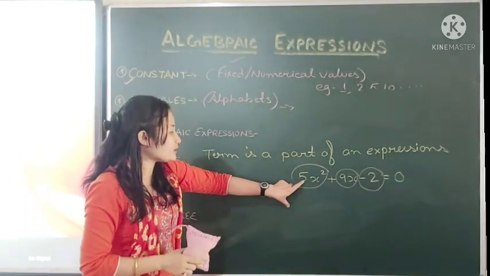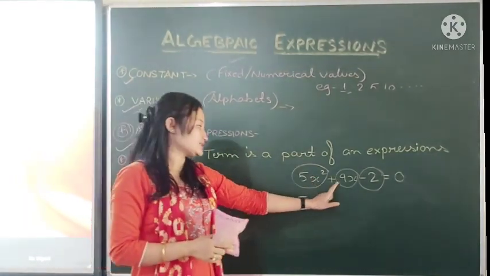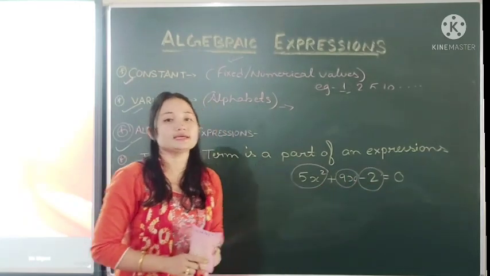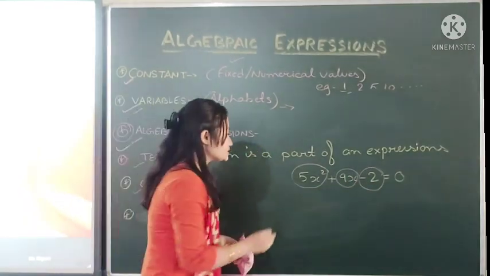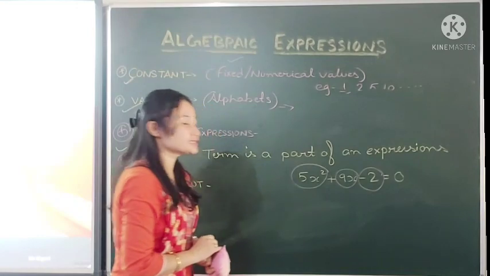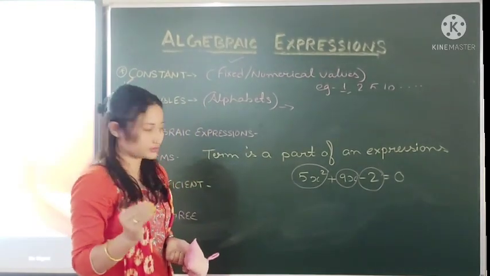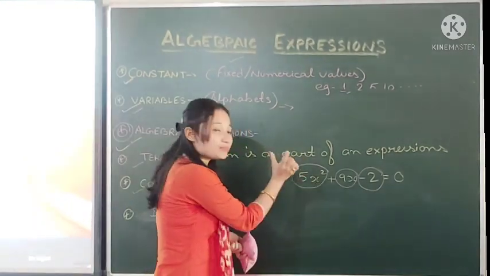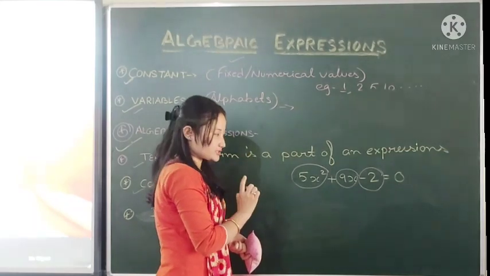So dear students, how are 5x square, 9x and minus 2 terms? As I have already written, a term is a part of an expression. So this 5x square is the first part of the expression, right?